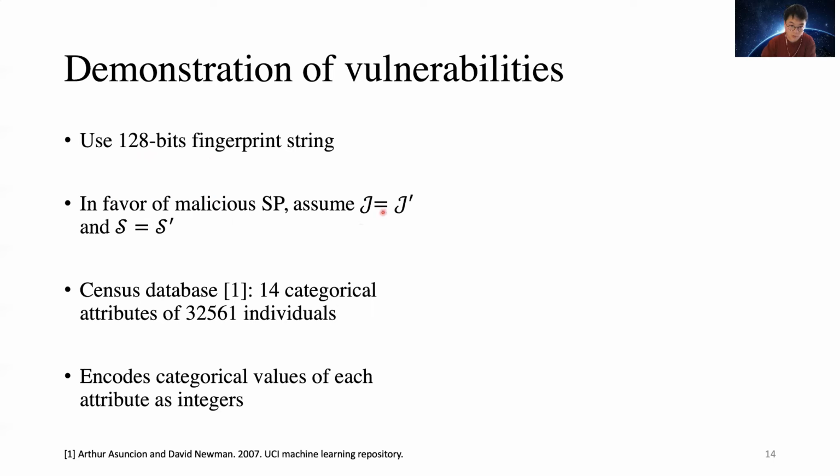In other words, we let J equal J prime and S equal S prime. And we consider the census database as an example, which has all categorical attributes. To insert a fingerprint in this categorical database, we first need to encode the categorical values into integers.